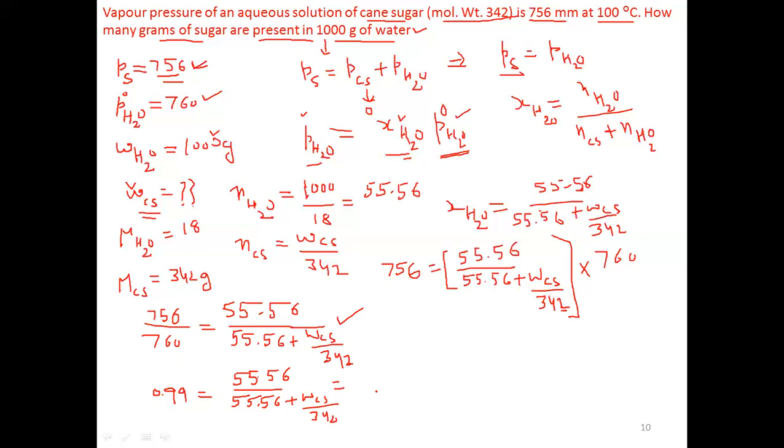We get 0.99 into, by cross multiplying, 55.56 plus WCS into 0.99 divided by 342 is equal to how much? 55.56.